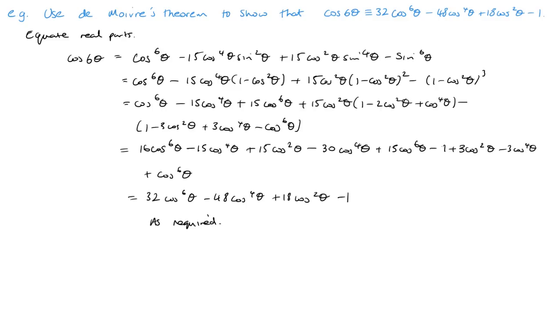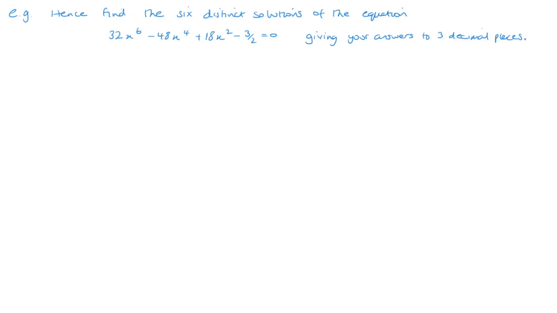Now this is actually part of a previous exam question, and let's look at how you did it. This was the part A. Let's look at the part B of that question. So this is the part B of that question, hence find the 6 distinct solutions to this equation.